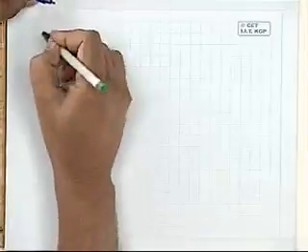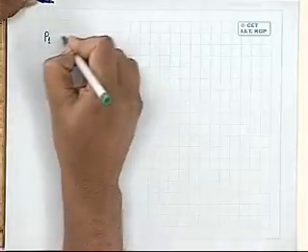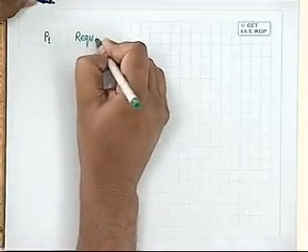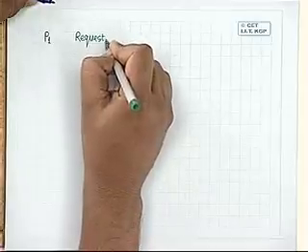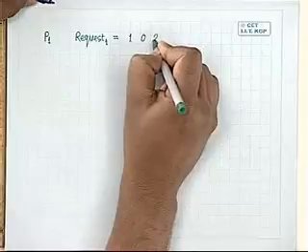So we assume that suppose process P1 has put a request for, so this is request 1, equal to 1, 0, 2.